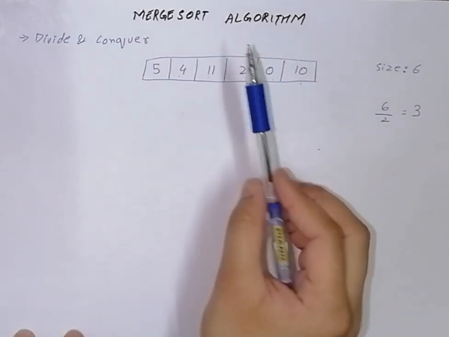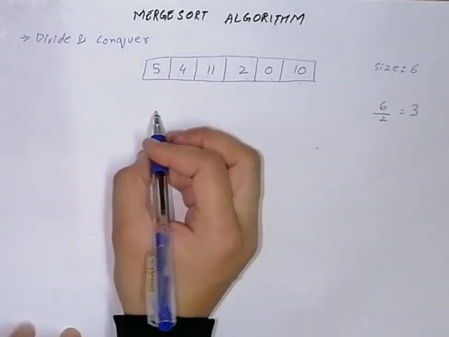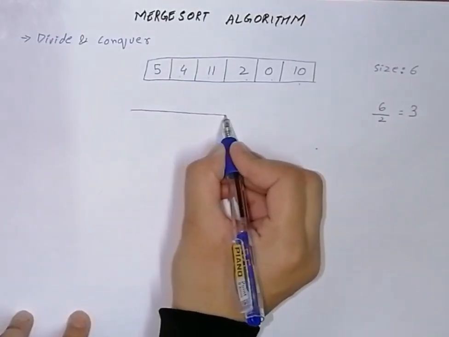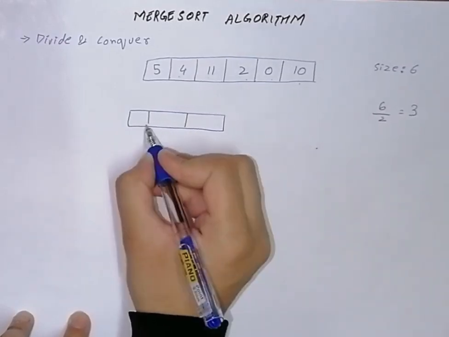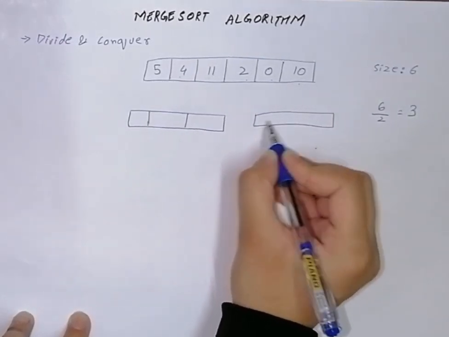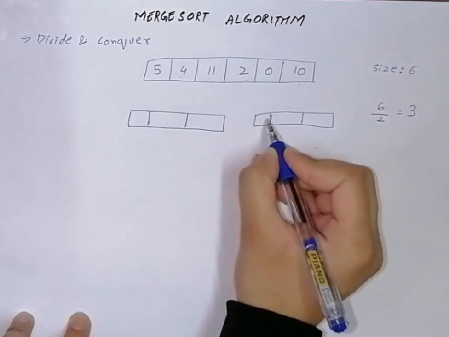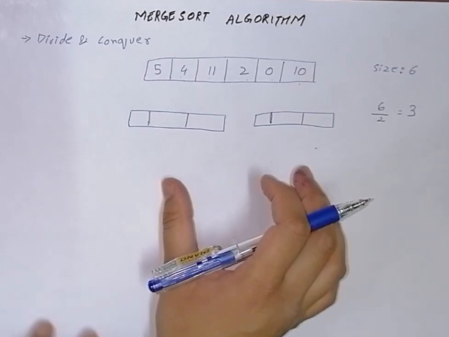I split or divide this array into two different parts. Here I have an array of size 3, with cells 1, 2 and 3, and here again I have an array of size 3, with cells 1, 2 and 3. So I have two different arrays of the same size.